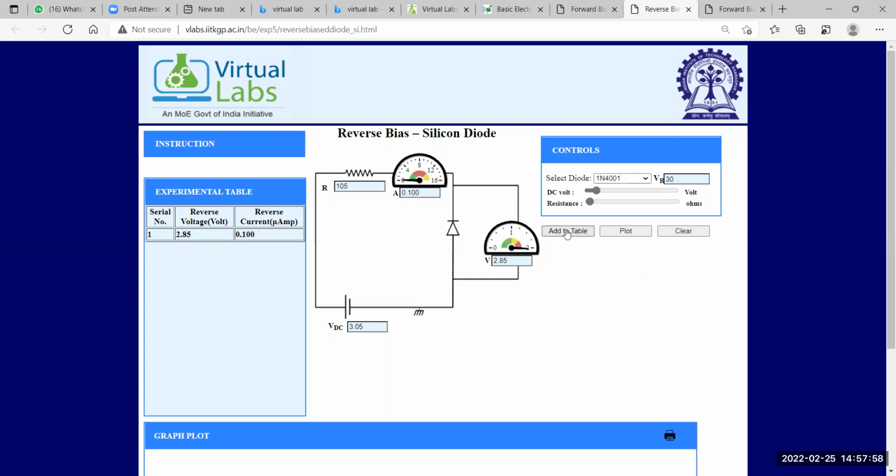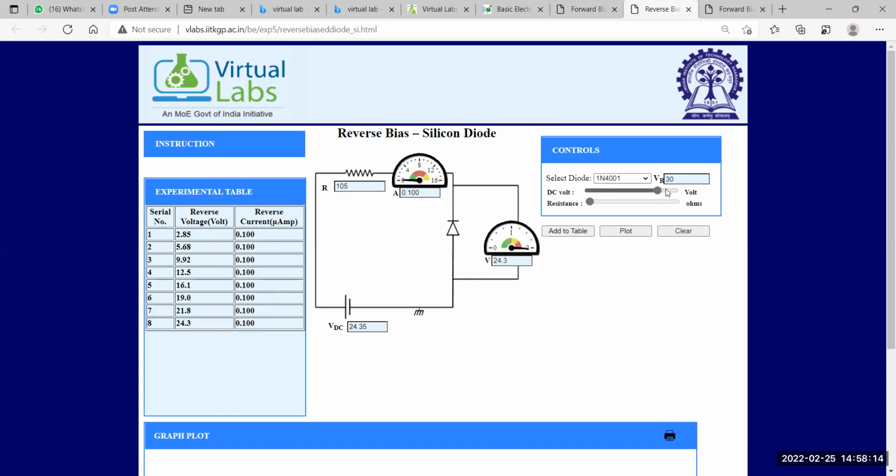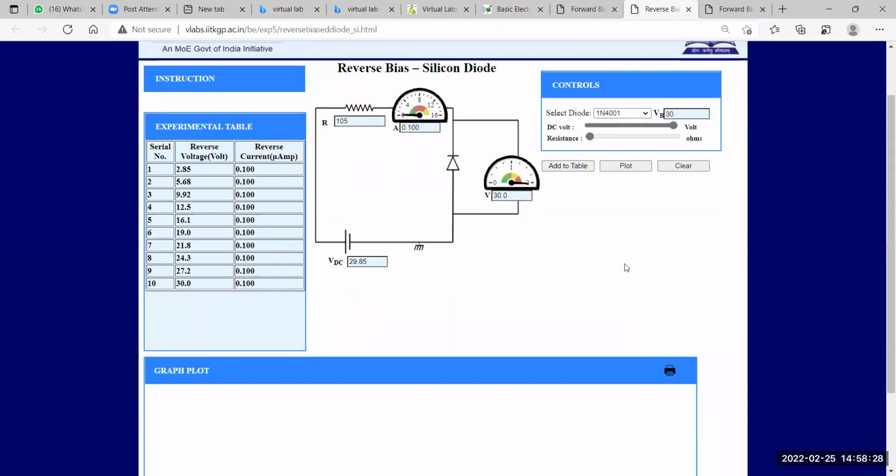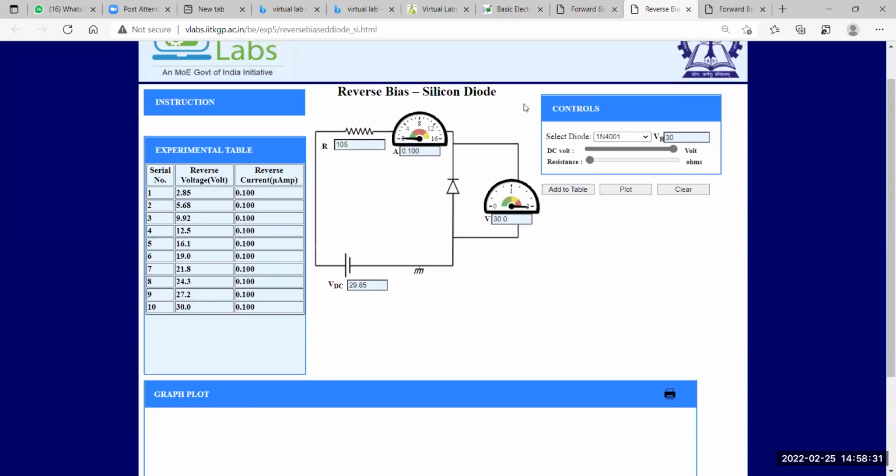And this is the first row of the table, and this is the second, third, fourth, fifth, sixth, 7, 8, 9 and 10. Then we will check the graphing plot.